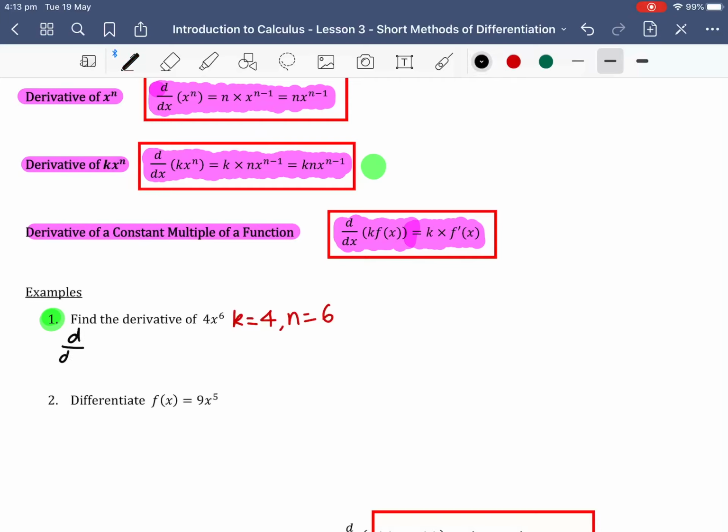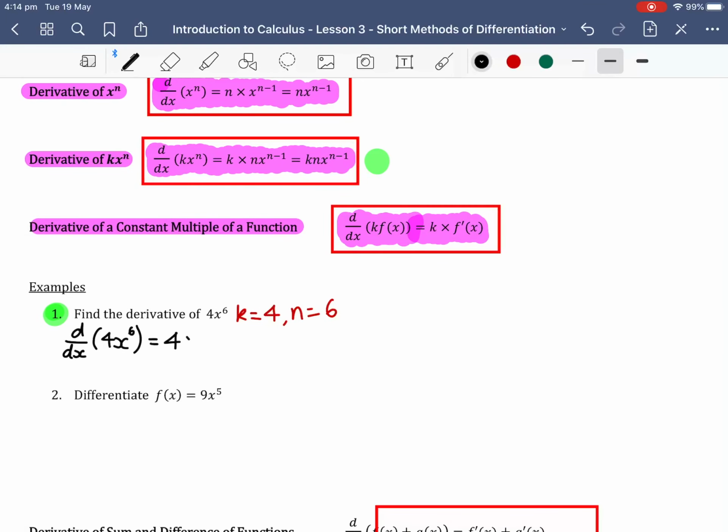So it's d on dx of 4x to the power of 6 equals our k of 4, so 4 times our n of 6 times x to the power of n minus 1, where our n is 6, so 6 minus 1.